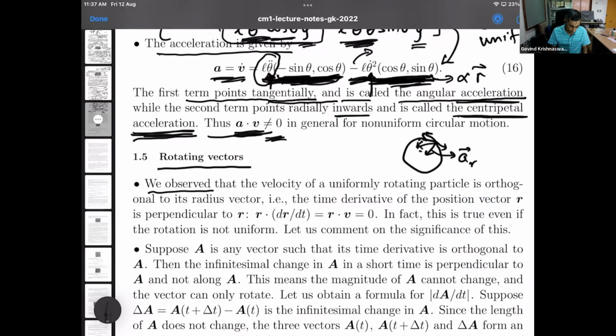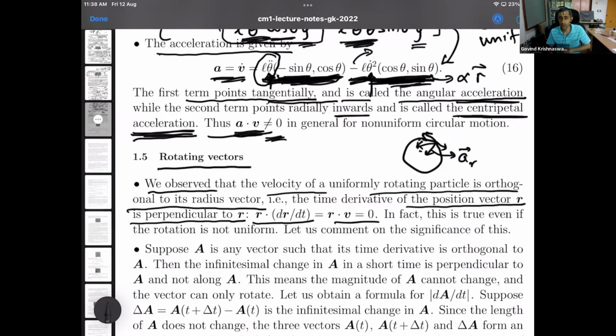What we have observed is that the velocity of a uniformly rotating particle is orthogonal to its radius vector, to its position vector measured from the origin placed at the center of the circle. In other words, the time derivative of the position vector r is perpendicular to r itself. That is, r scalar product with dr/dt is 0. This is what we have observed for uniform circular motion.